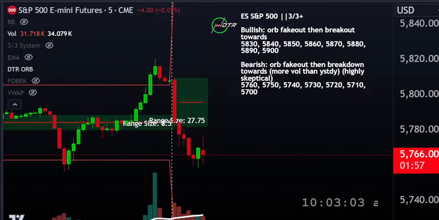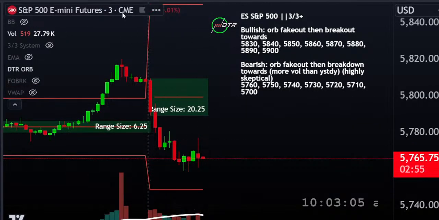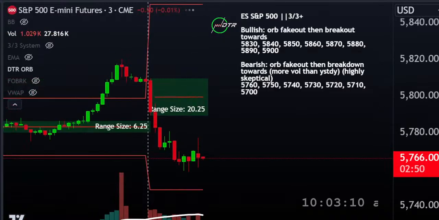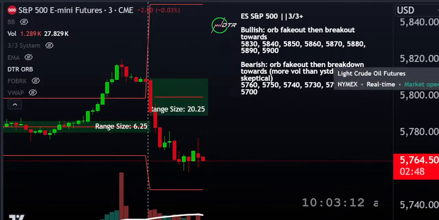Okay, indecisive candle on ES, not good enough for me. And NQ, no bear case.